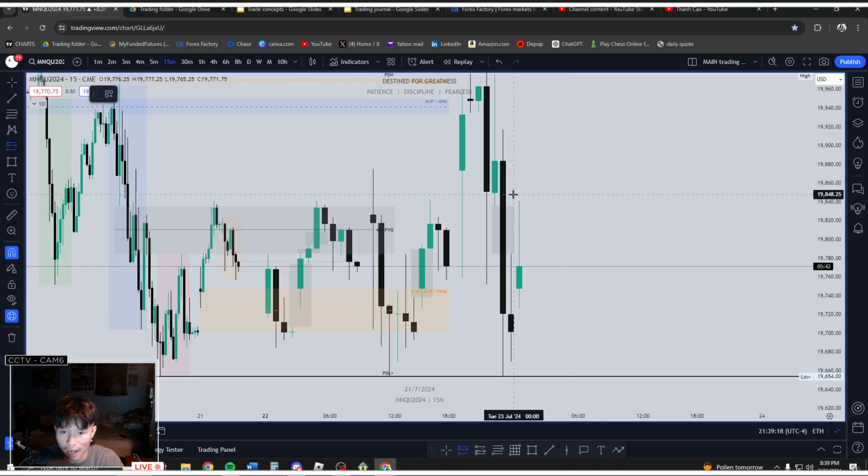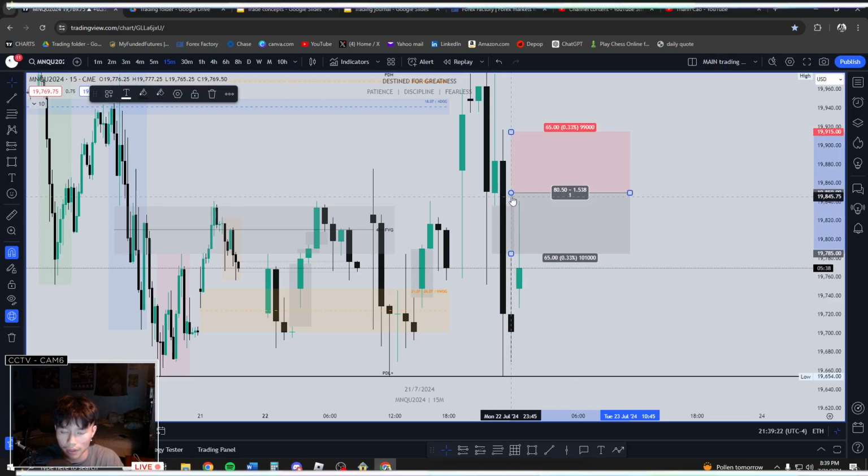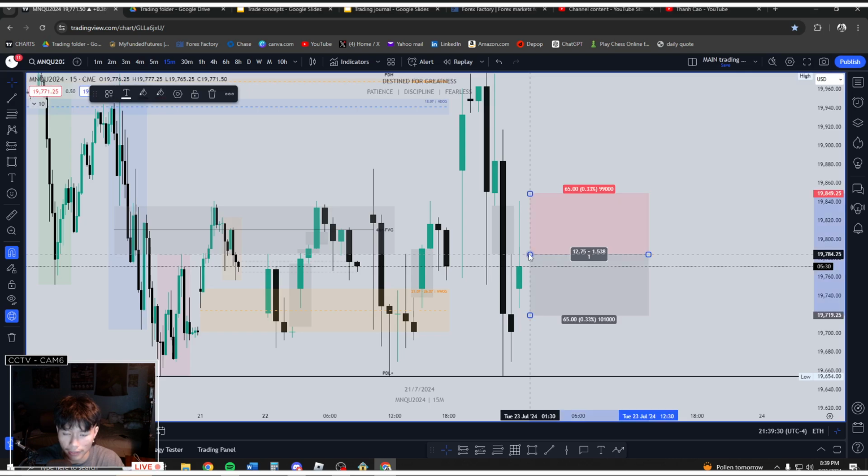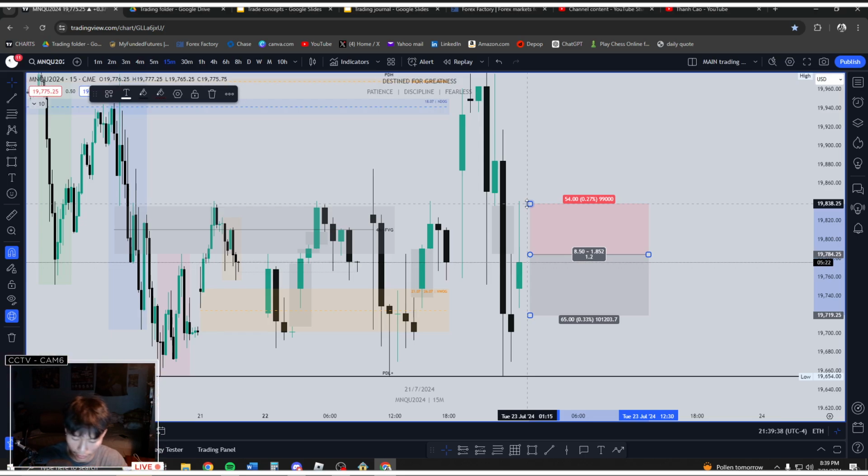Sometimes price isn't actually going to retrace back inside the order block here and continue lower, but it can just retrace back inside the fair value gap and continue lower from there, because like I said, fair value gaps take precedence over order blocks.